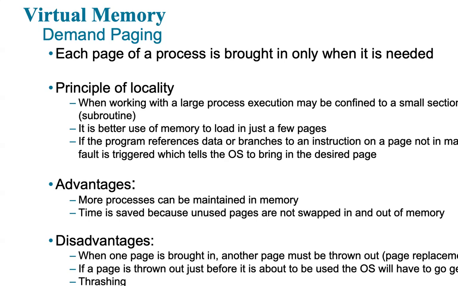The refinement is demand paging, which simply means that each page of a process is brought in only when it is needed, that is, on demand. So maybe you can think of a page in a book. The information you have is on that page. It may not be the whole page, but it's part of that page. And so we get a chance to start to see how that might work.